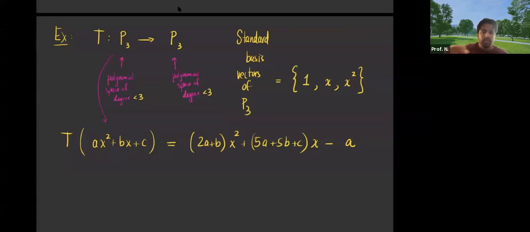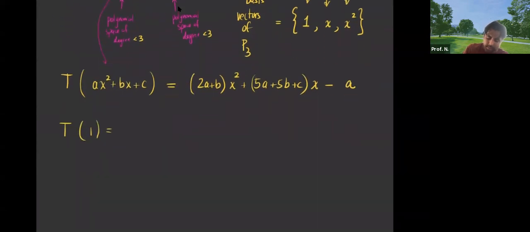I think this is where we just went to a different dimension now with polynomial spaces. And so the idea again is that I can apply the standard basis here. If I apply T of 1, what does that give me? If I apply T of x, what does that give me? And if I apply T of x squared, what is the result of that?